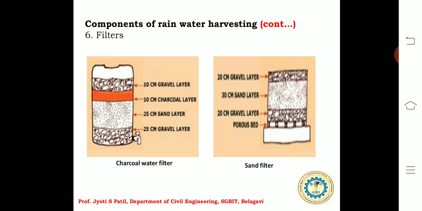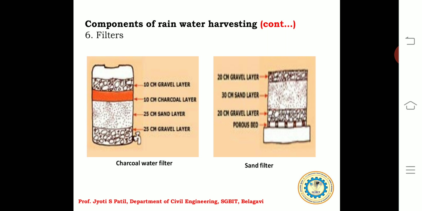In the second figure you can see the sand filters, which use commonly available sand as the filter media. Sand filters are easy and inexpensive to construct. These filters can be employed for treatment of water to effectively remove turbidity, like suspended particles such as silt, clay and so on, and they also help in removing color and microorganisms.